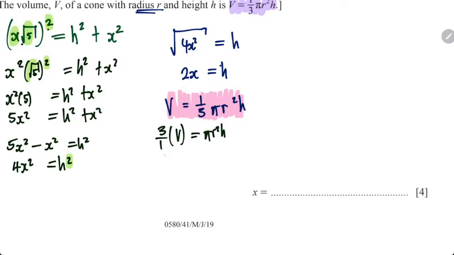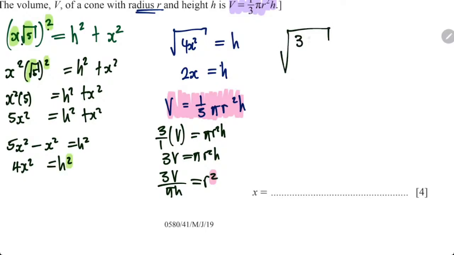3/1 is just a 3 times v. 3v is equal to pi r squared h. Then you take the pi and h to the other side. 3v over pi h is equal to r squared. Then you take the squared to the other side. Square root of 3v over pi h is equal to r.